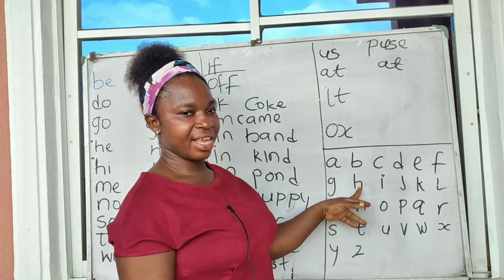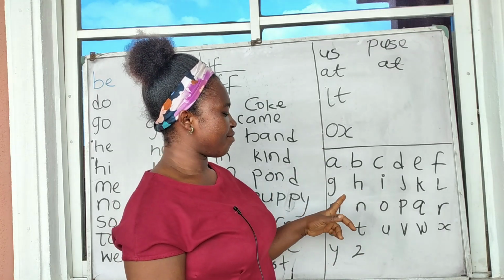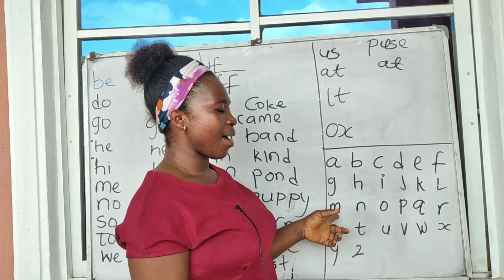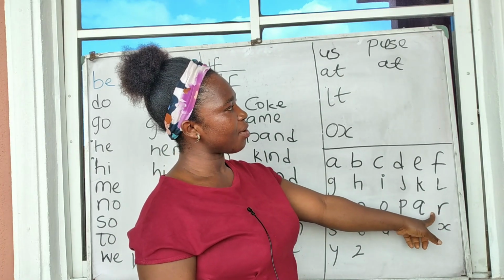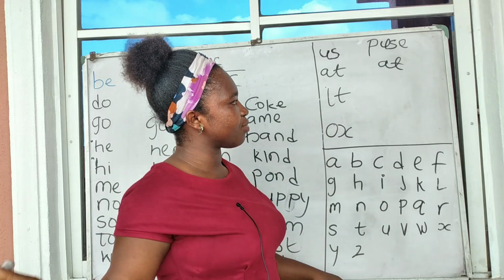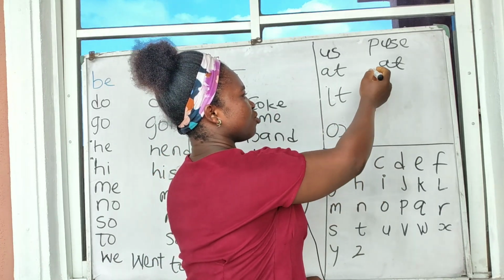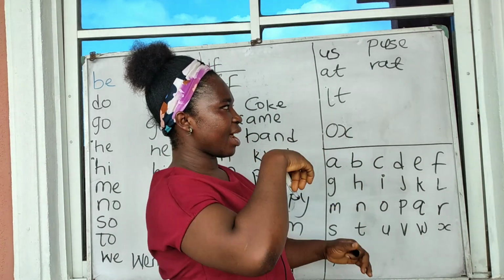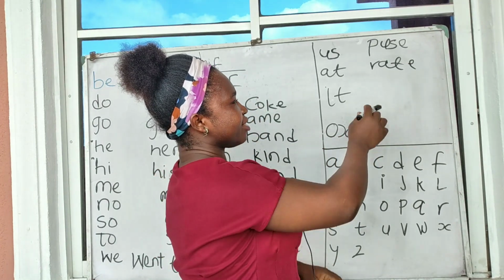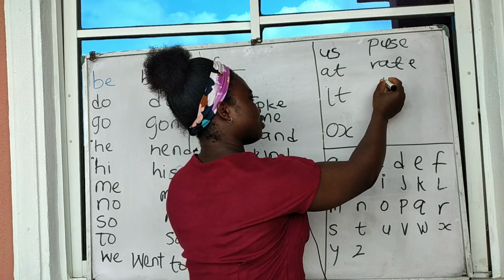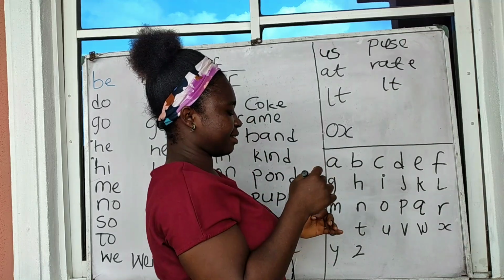If I choose H, I'll have hat. If I choose M, I'll have mat. If I choose letter R, I'm going to have rat, and so on and so forth. So I decide to choose R. I have rat, and E right here, I have rate. Okay, this is rate.